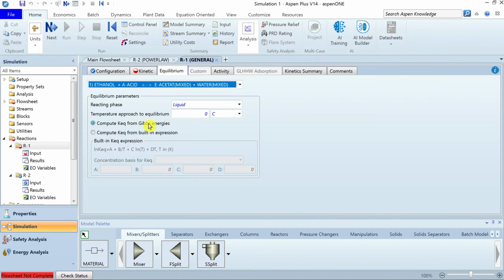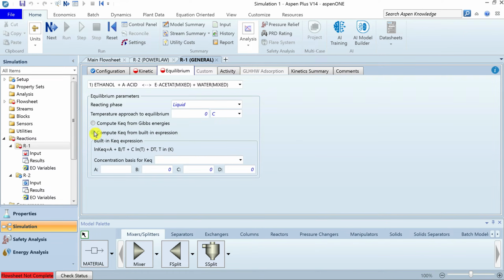Aspen Plus allows to calculate the equilibrium constant based on the Gibbs free energy, or you can define the specific value of the equilibrium constant using a general expression of the k values. So here natural log of k equilibrium is equal to the coefficient a plus coefficient b over T and so on. Let's align the value of the equilibrium constant given in the problem statement with this expression.